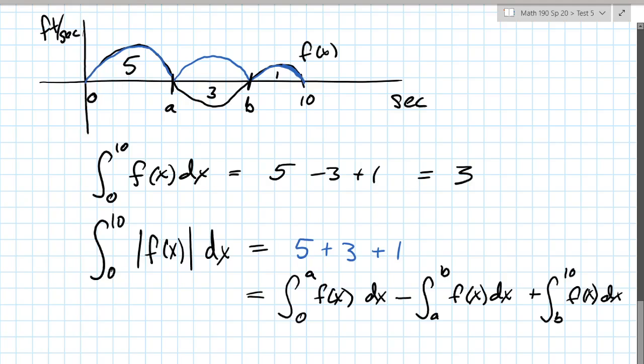So the reason we have this minus here is because the f of x from a to b is a negative number, so that minus takes care of the sign here, and it makes each of these values positive values.